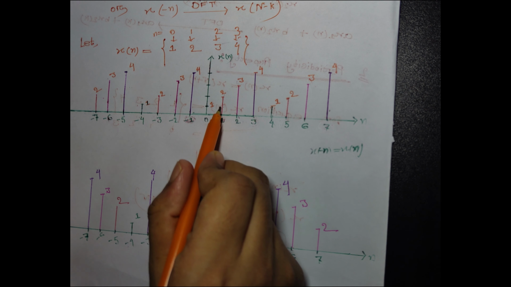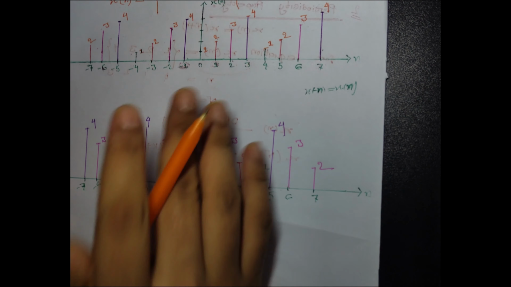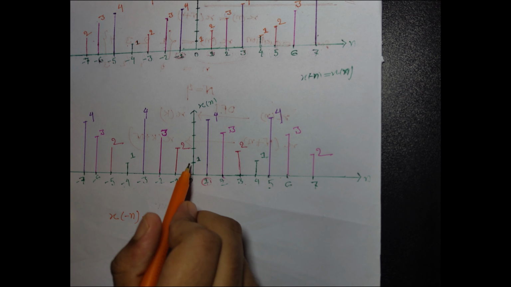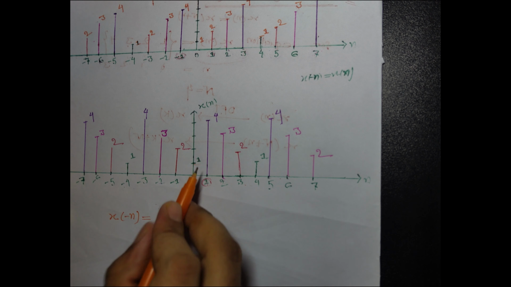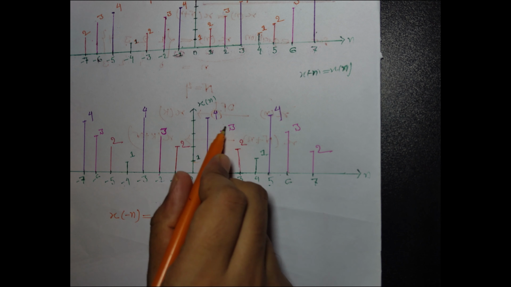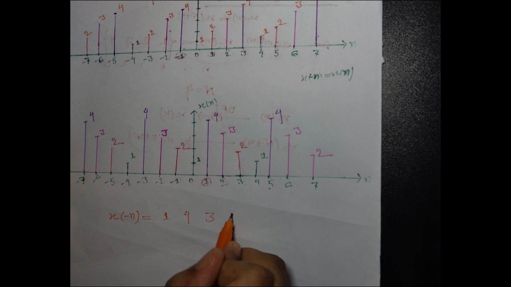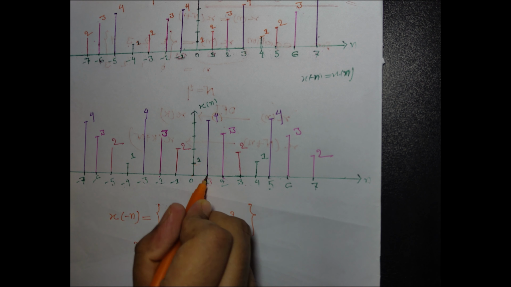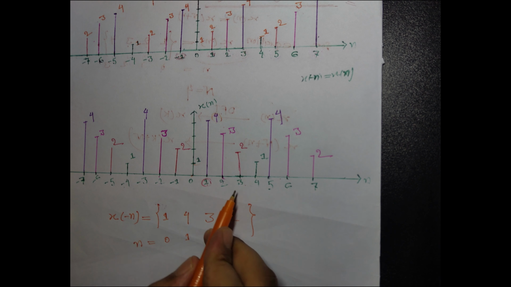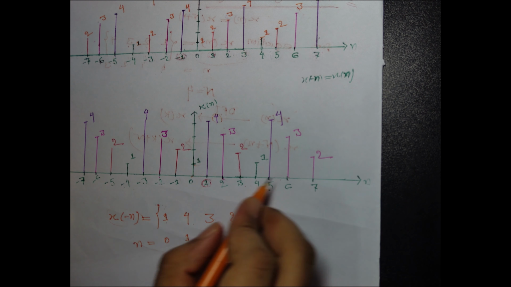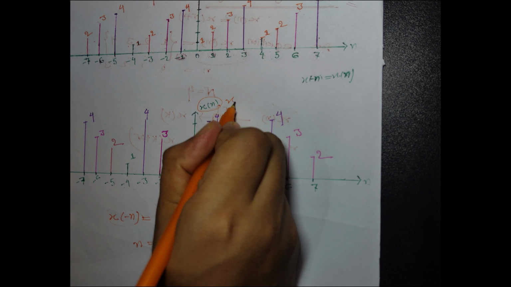Now from the time reversal property we get x of minus n equal to 1, 4, 3, 2 at n equals 0, 1, 2, 3 positions. This is x of minus n.